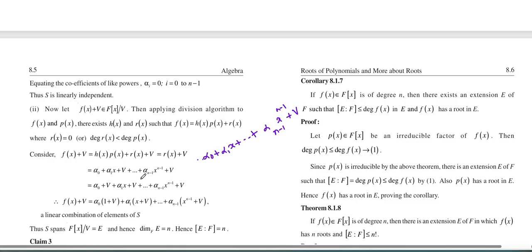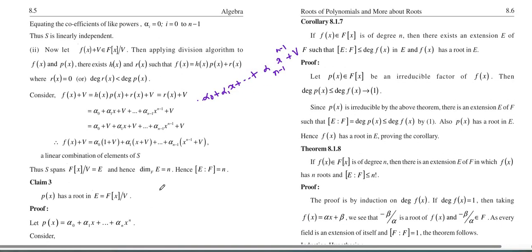Then you have this step, and from that you have another step, and this tells that your f of x plus capital V is a linear combination of the elements which we have mentioned in that set S. So that set is linearly independent, and it also spans F x mod V.